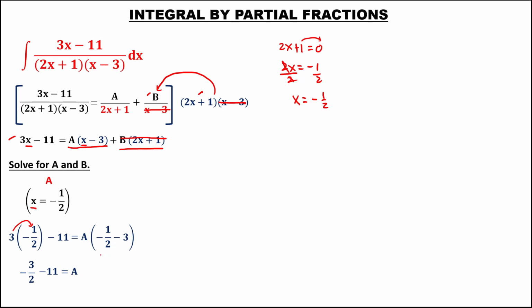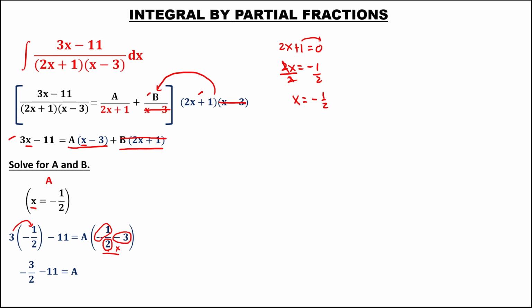Then to simplify this negative 1 half minus 3: when adding a fraction and a whole number, you can use this method. Just multiply the whole number, negative 3, times the denominator. So negative 3 times 2 is negative 6. Then add to the numerator, that's negative 1.